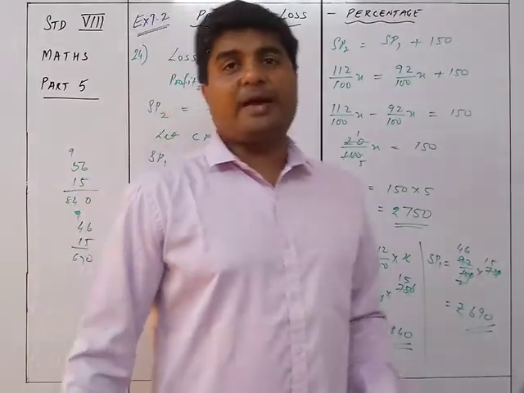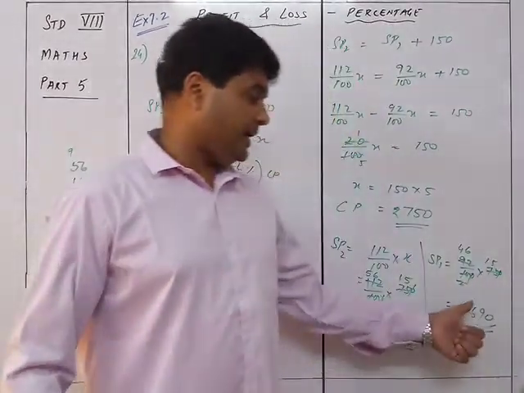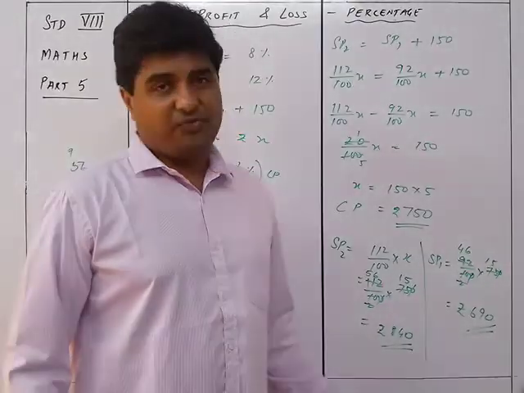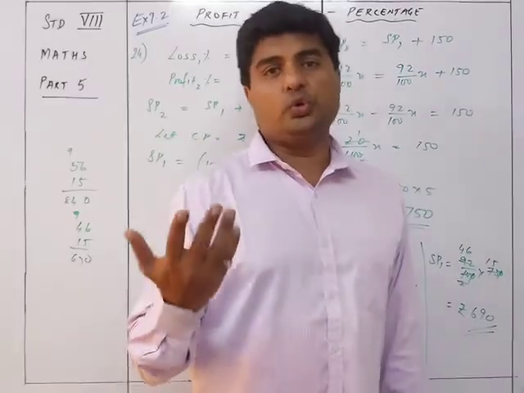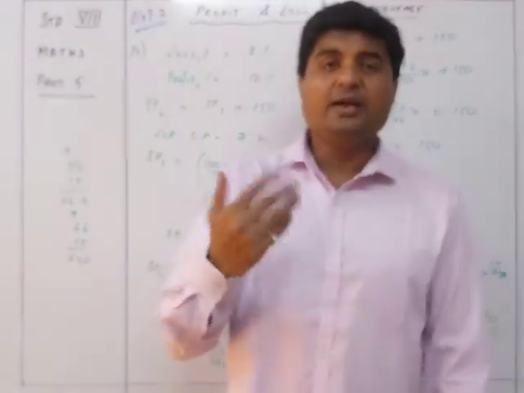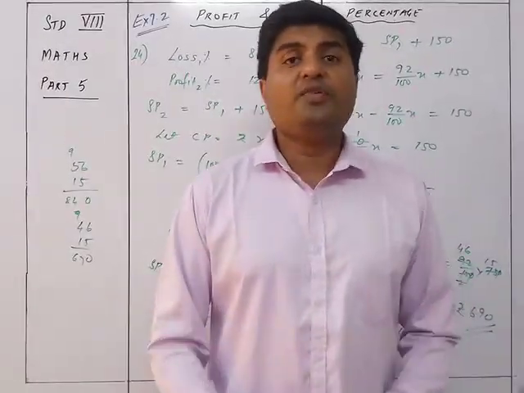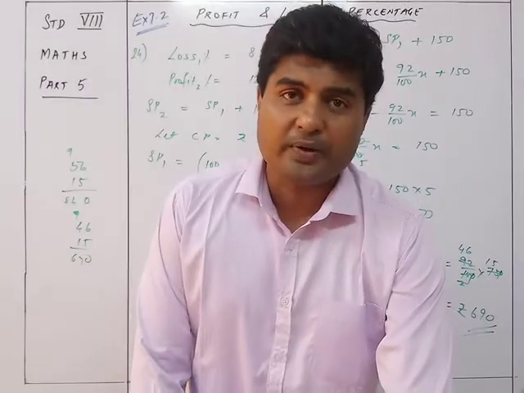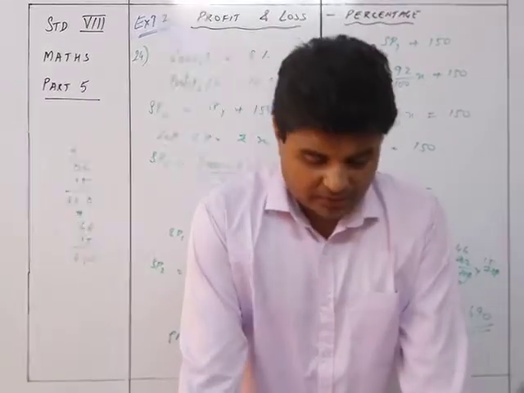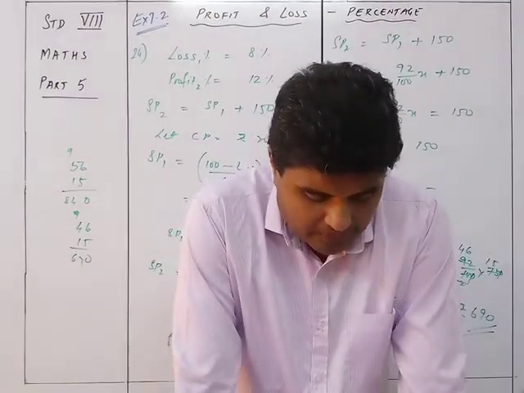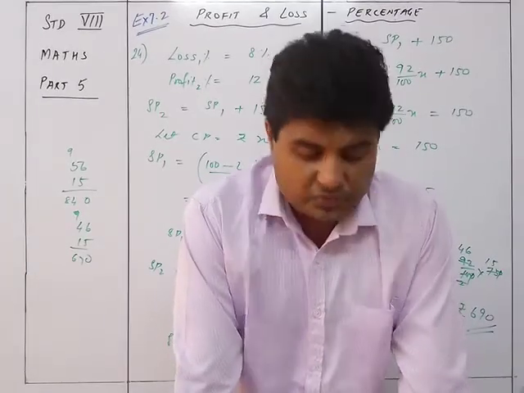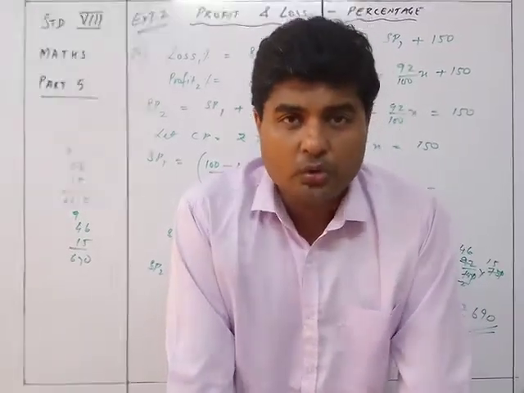So the earlier selling price was 690, whereas the later selling price was 840. So I would suggest you to solve and get both selling prices, because it is not specifically mentioned which selling price they are talking about. So that was sum number 24, and this is the end of exercise 7.2.